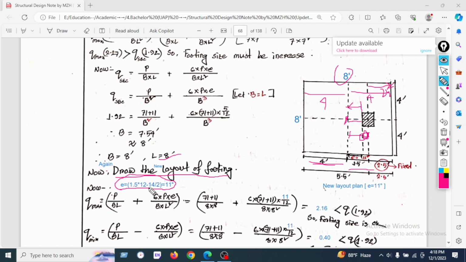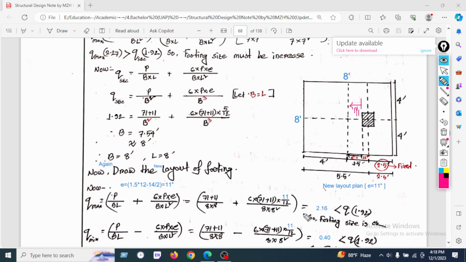Here is 1.5. 1.5 is the CG of the column, multiplied by 12 to convert to inches, and 14 divided by 2. 14 is the column dimension, divided by 2 because we have taken the CG of the column, and we have found 11 inches. The 11 inches is found from the column face to the CG of the footing. Here is our eccentricity: the new eccentricity is 11 inches.